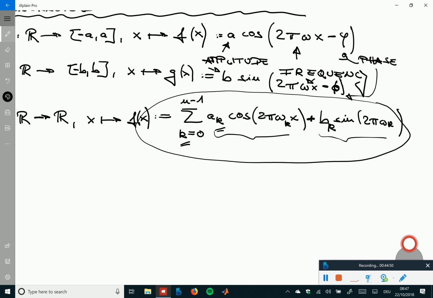Isn't there an x at this b times sine 2 pi omega stuff? Yes. And the sine function, the phase factor, is that also phi? So this is var phi, that's the phi variant, and this is the normal phi. Oh, okay.